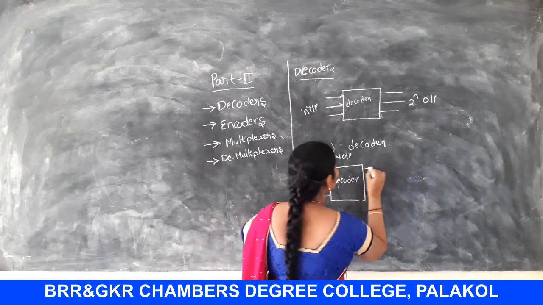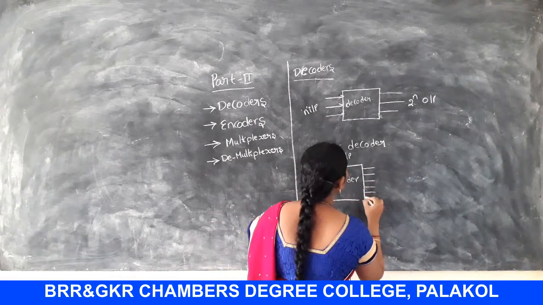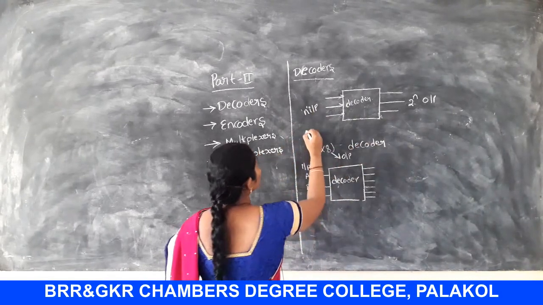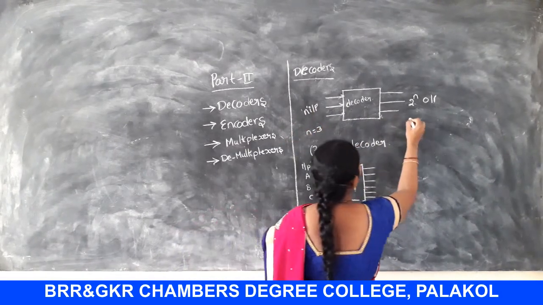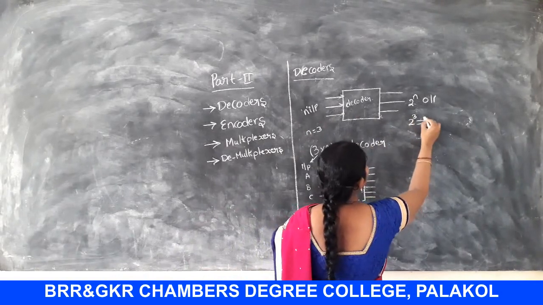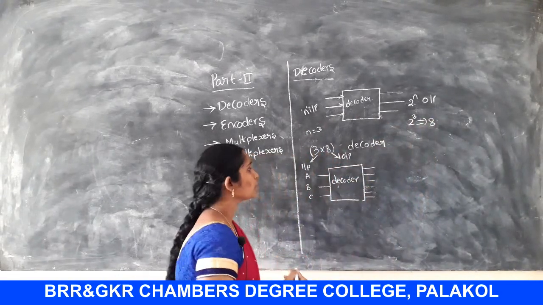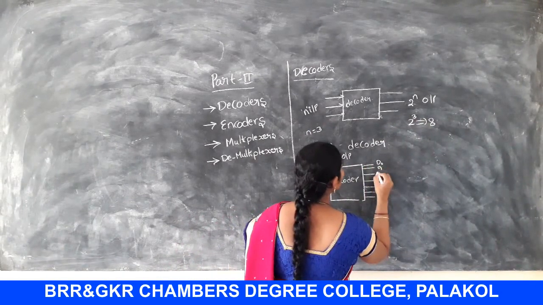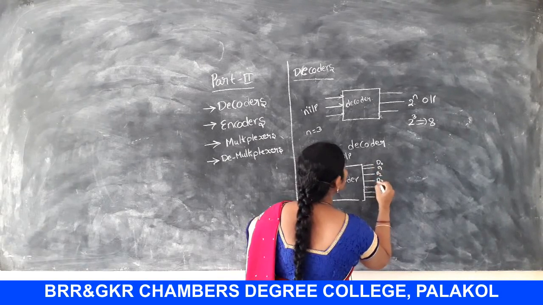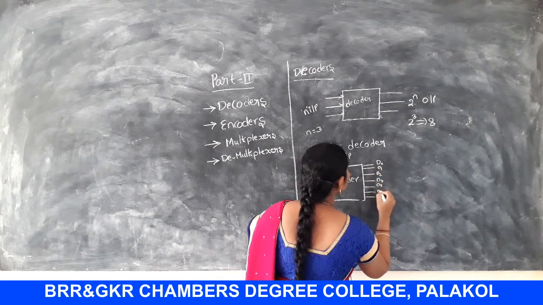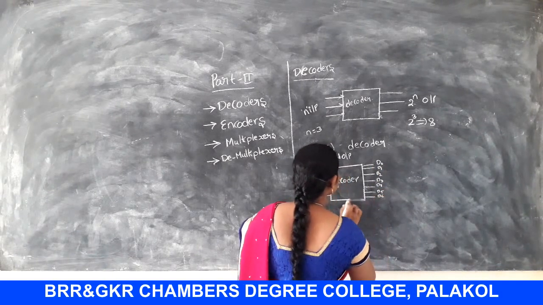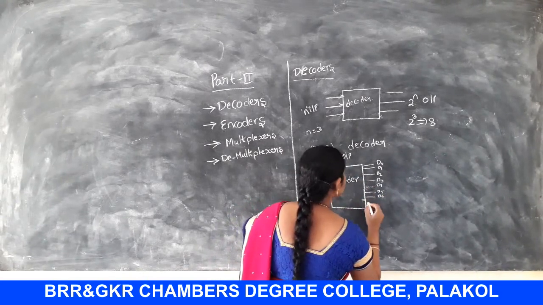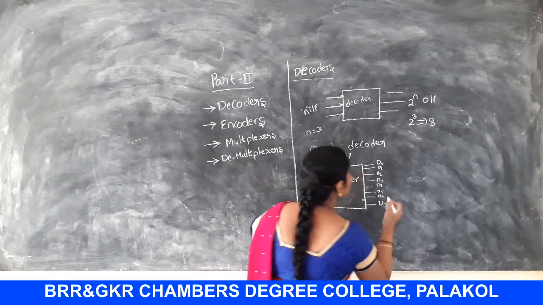The number of outputs it produces is 2 power n. Here n is equal to 3, and 2 power n is 2 cube, that is 8 outputs. Those 8 outputs are D0, D1, D2, D3, D4, D5, D6 and D7.